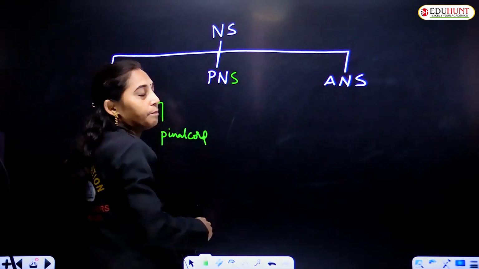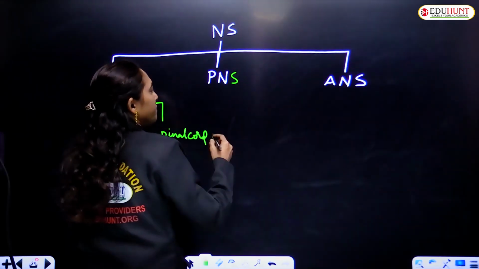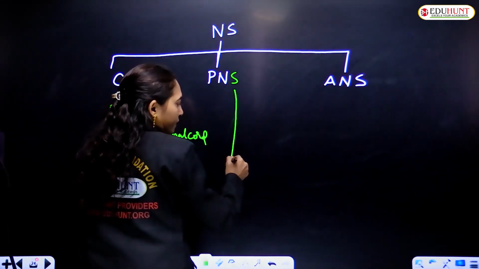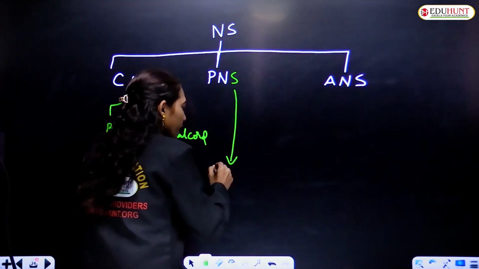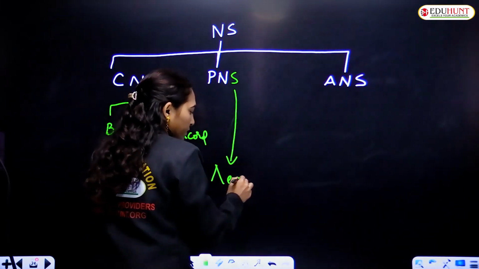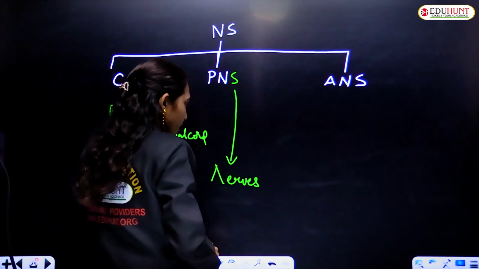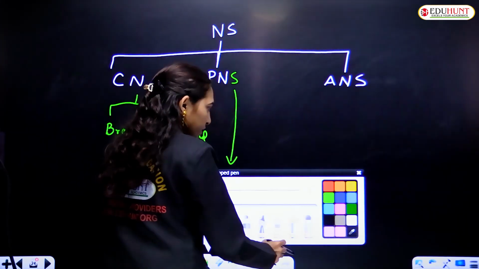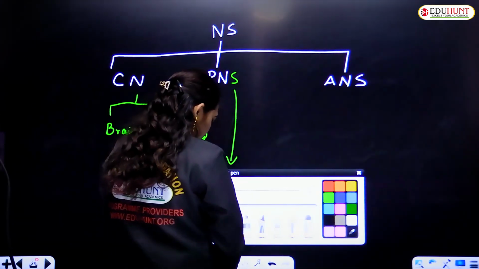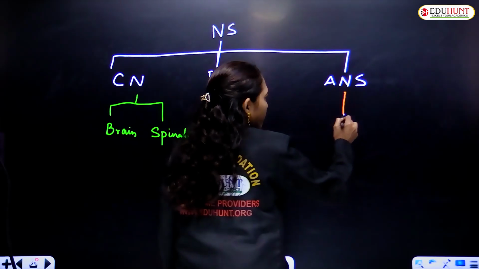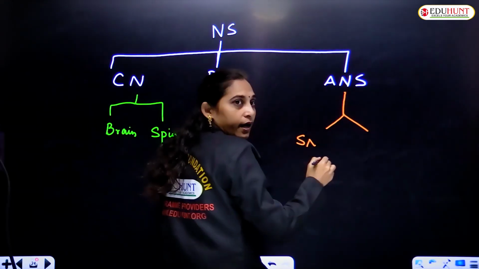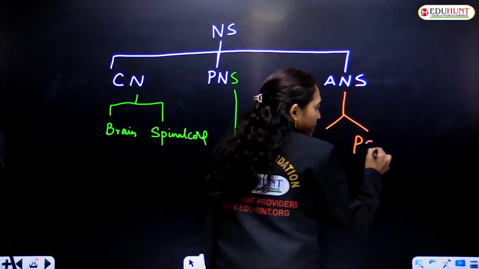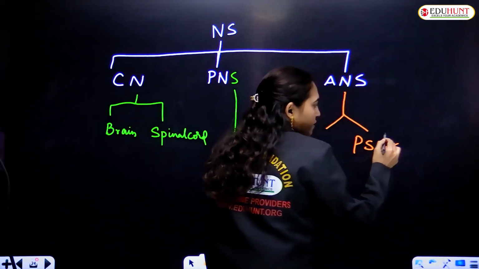And the peripheral nervous system is formed of nerves. And the autonomous nervous system has the sympathetic nervous system and parasympathetic nervous system.